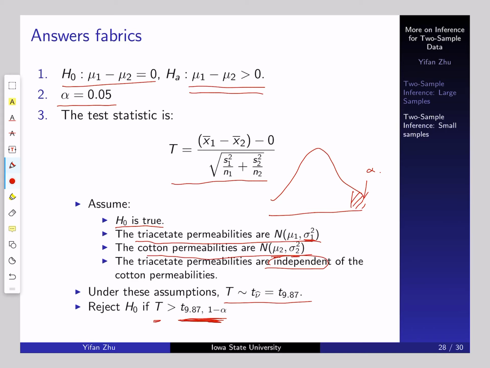Here we did not use a normal Q-Q plot to check the normal assumptions. But if you have the complete data, you still need to check the assumptions. Because now we don't have the complete data, we only have x1 bar, x2 bar, and s1, s2, we are just assuming that they are true.